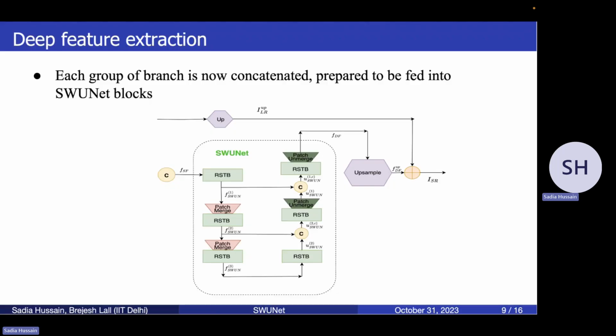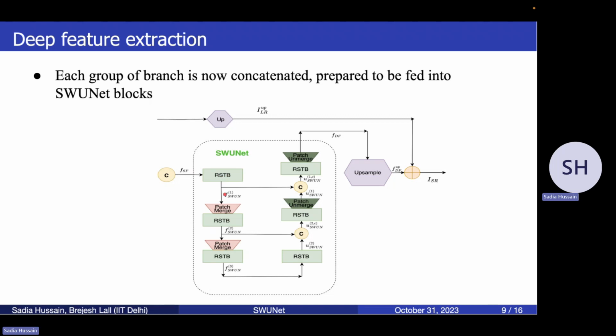with the red wavelength. So deep feature extraction happens in SWONET blocks. SWONET blocks consist of three RSTB modules and two patch merging modules. Instead of simple UNet architectures in the contracting path, we have replaced the blocks with a residual Swin transformer block.